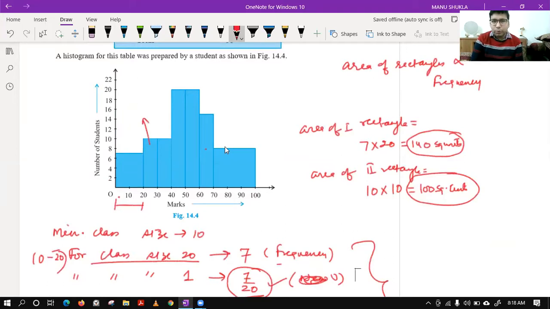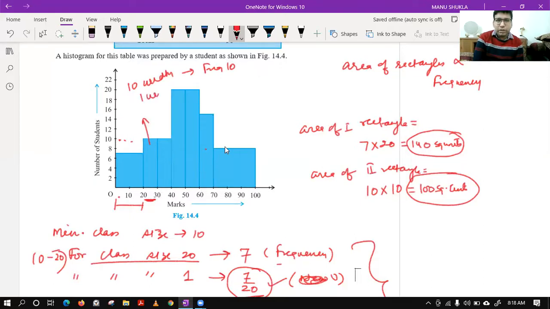You can check how. It is already for 10 width. So if you want, you may show the formula, or if you don't want, it is fine. So here also, for 10 width, the frequency is how much? Frequency is, I think, 10 only, no? Yes, the frequency is 10.